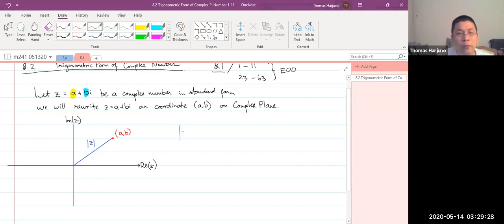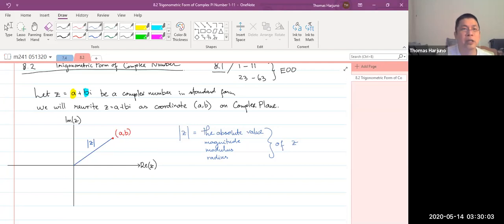The absolute value of z is called the magnitude, the modulus, or simply the radius of complex number z.